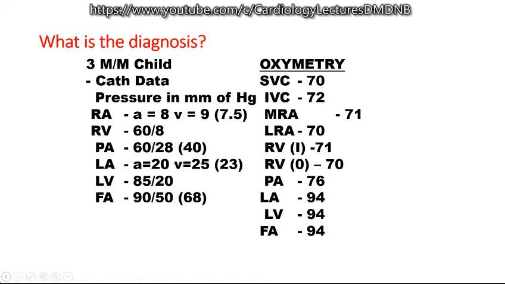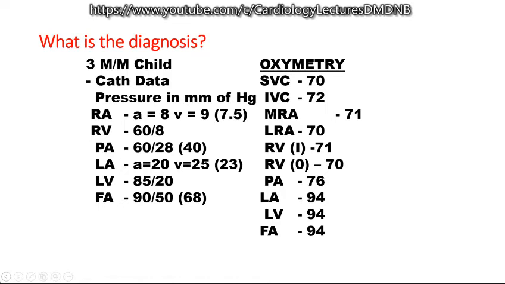Any other structural heart disease which can result in a lower left atrial oxygen saturation? Any arteriovenous communications? Sir, endocardial cushion defect. The endocardial cushion defect, of course, can sometimes, because there will be mixing of the blood everywhere, so the left atrial oxygen saturation can be lower.